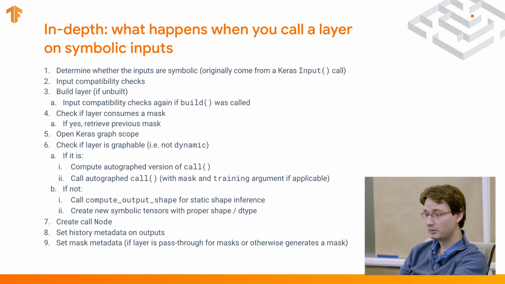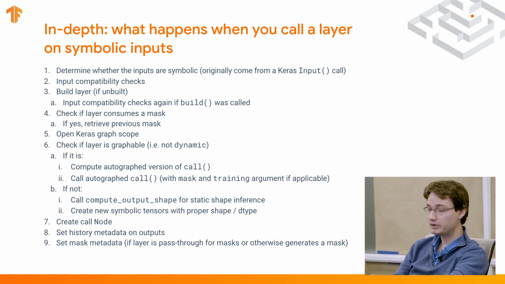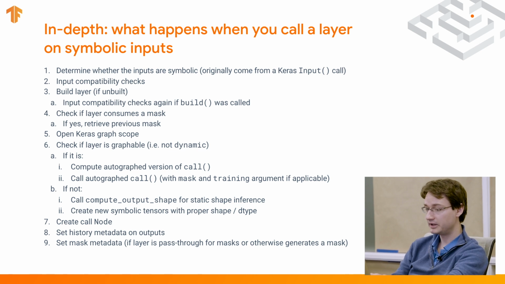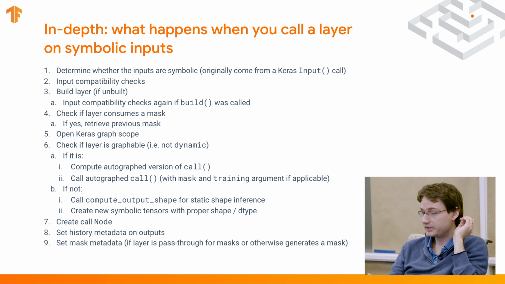So resuming, what happens when you call a layer on symbolic inputs? After you've retrieved the mask, you've run the input compatibility checks, you've built the layer optionally, you're going to build a graph for the operations done by this layer. And there are very much two possibilities.